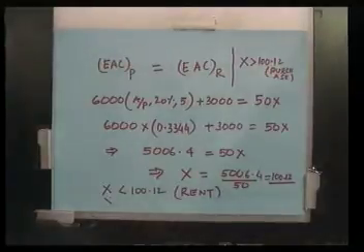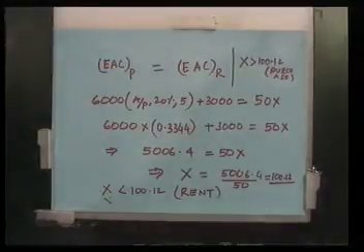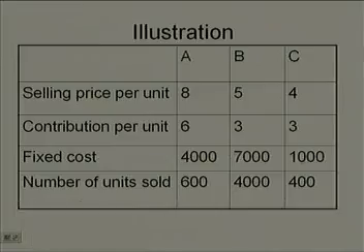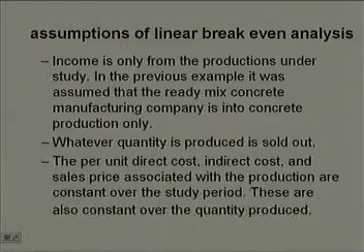Now, I would also like to tell you the assumptions that we have made in this kind of analysis. If you note down this particular slide, it says assumption number 1, income is only from the productions under study. What does this mean?